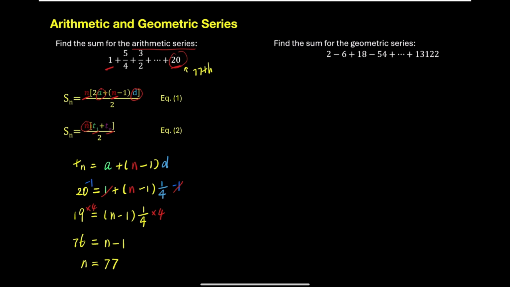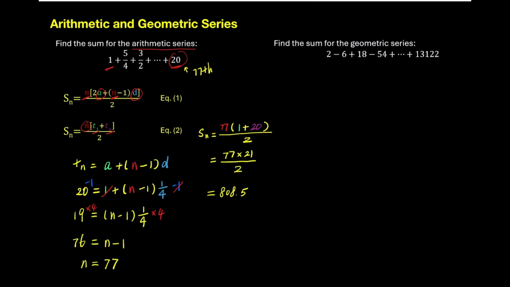So we have the sum of this arithmetic series as n, which is 77 terms, times t1, which is 1, plus the last term, 20, divided by 2. So it equals 77 times 21 divided by 2, which equals 808.5. Okay, let's move on to the geometric series.